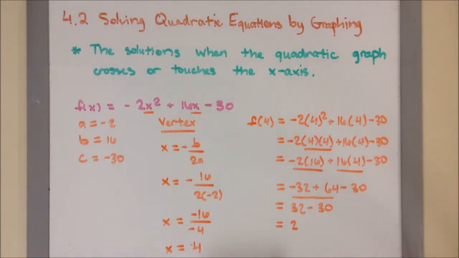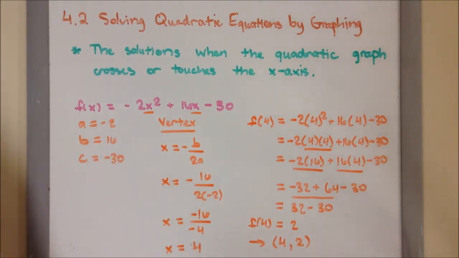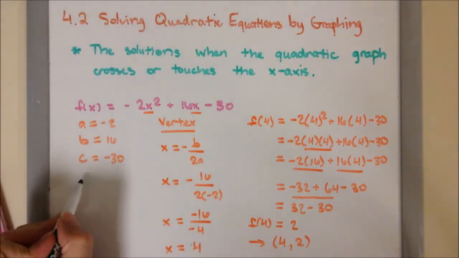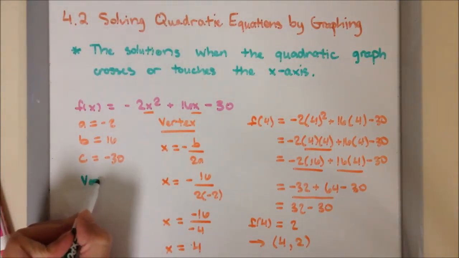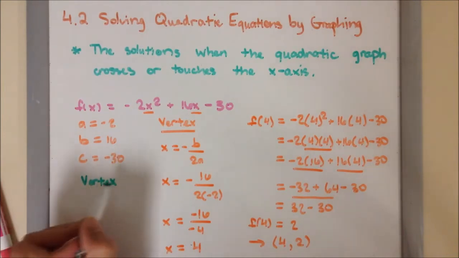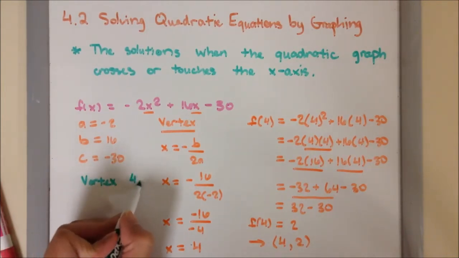So my y value, or f of 4, is 2. Therefore my vertex is my x, which is 4, and my y, which is 2. So that's our vertex. I'm going to write right here, vertex is 4, 2.